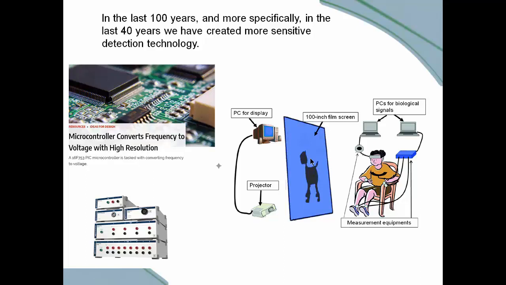So as I have been harping, in the last 100 years, and actually more specifically in the last 40, 50 years, we've created more and more sensitive detection technology, because we may uncover truths that have been hidden from us in nature, but in order to examine it better and better, we need to have more sensitive technologies, and they seem to go hand in hand.